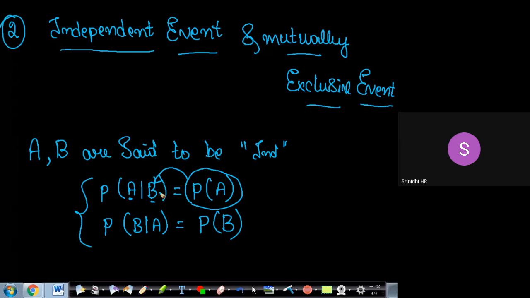Are you understanding? Please unmute yourself and let me know if you are not. Same way, for the probability of B given A, A is the given data, you are calculating B, which is equal to the probability of B. It means the value of B is not dependent on A, it is independent of A.